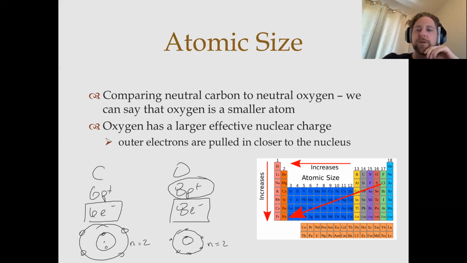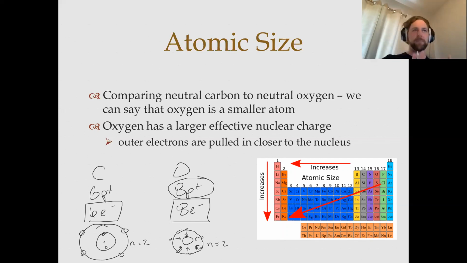The stronger nucleus is actually going to pull these electrons in more on the oxygen. These electrons feel a stronger nucleus, and so they're pulled closer to the nucleus. That's why oxygen gets a little bit smaller. The nuclear charge of oxygen is greater than carbon. Carbon's 4 valence electrons can exist further from the nucleus because it has a weaker nucleus.